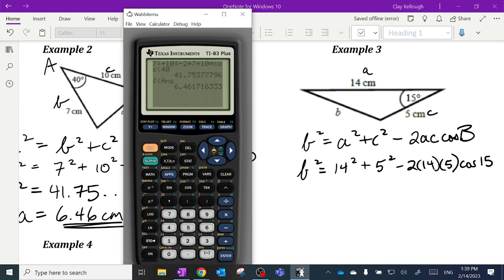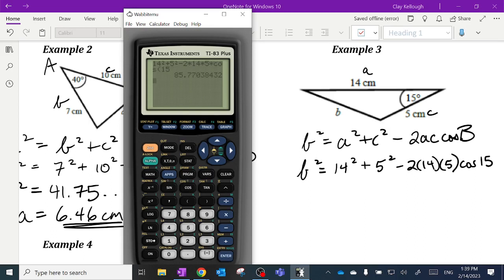Come on, calculator. There we go. 14 squared. I said squared. Having a hard time. Maybe if I use a pointer here. Plus 5 squared. Ooh, that's working better. Minus 2 times 14 times 5 times the cosine of 15 equals.